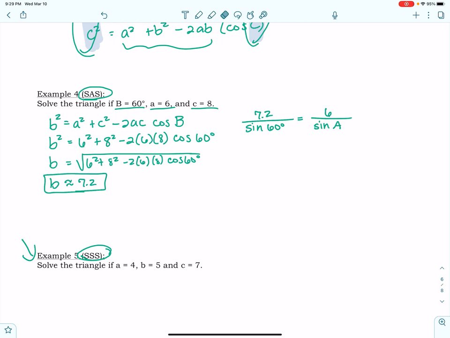And then we can cross multiply here. And then divide by 7.2. I'm just going to skip this step. Okay, sine inverse of all of this.